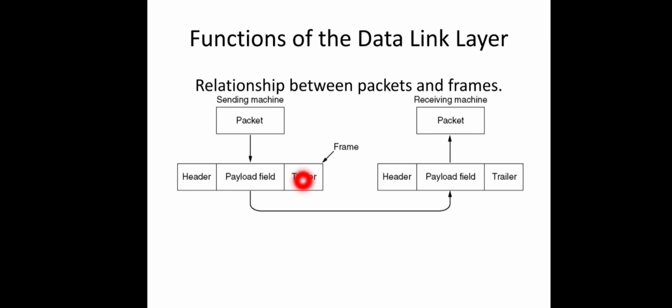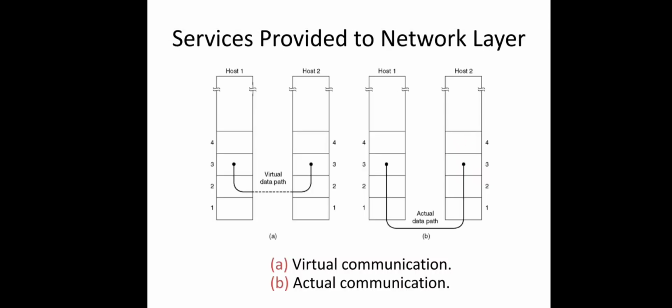What information will be attached as header and trailer we will see later. This will be passed over the media to the next machine, where in the data link layer, this header and trailer part will be removed and the payload part, that is the data packet, will be handed over to the network layer. So if you think about the data link layer, this can be the communication path, right?